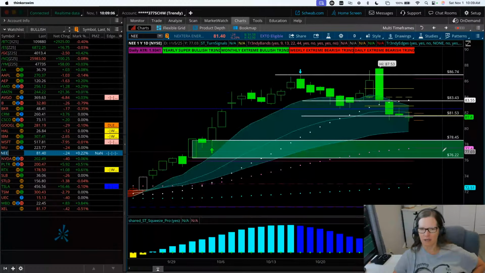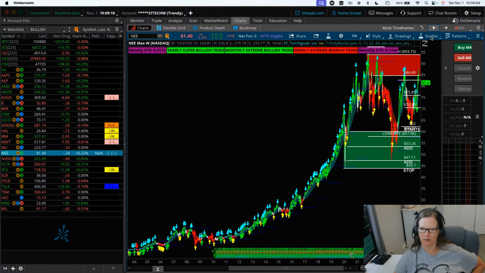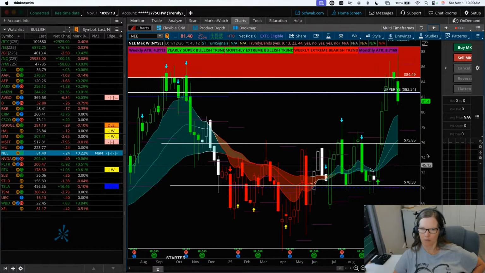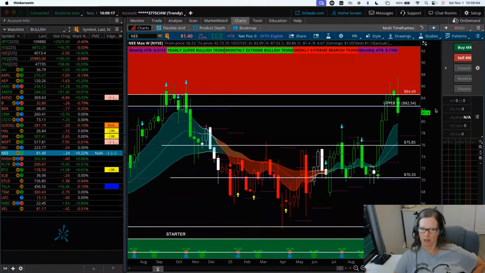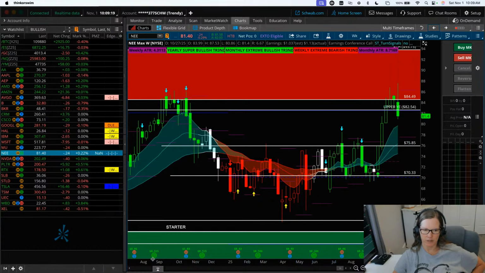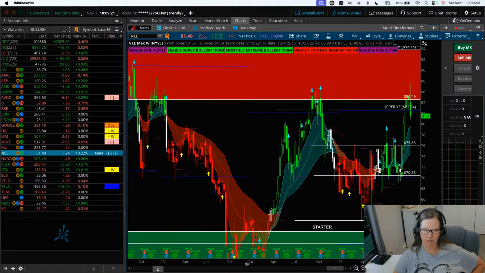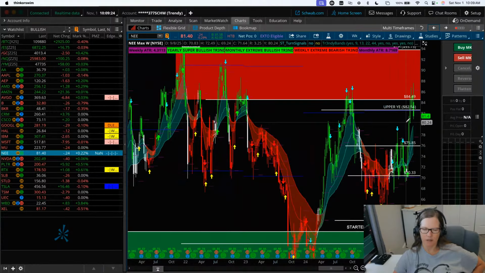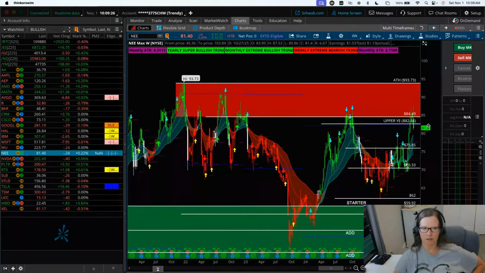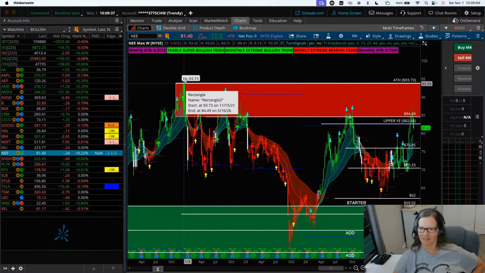NEE, this is a potential utilities play here. Let's look at the weekly. And I want to show you this because this area of resistance, this sell zone, this supply zone, has been tested and tested and tested and tested. I remember, anybody in the trend room remember being in NEE when it made this high up here?